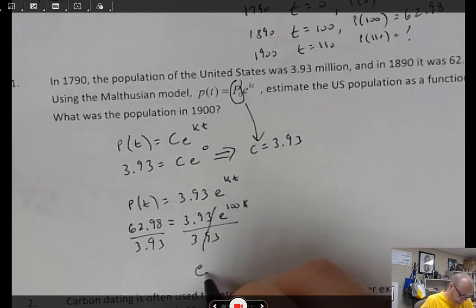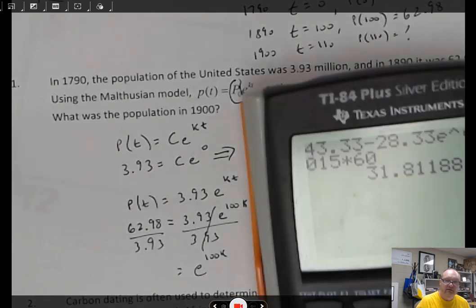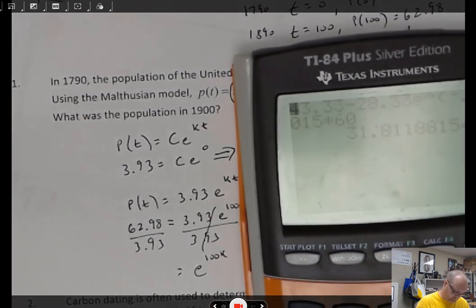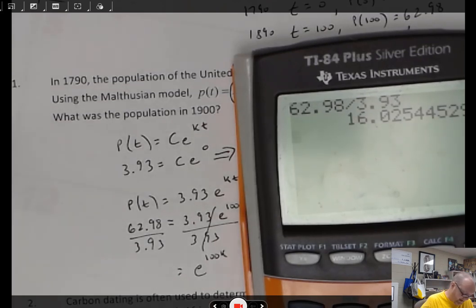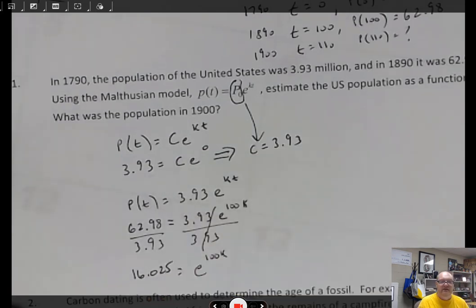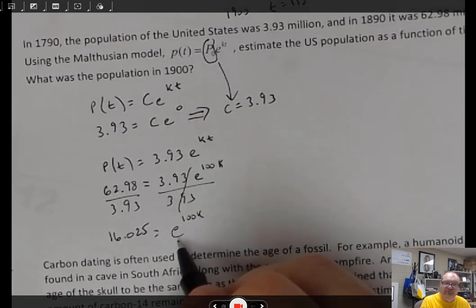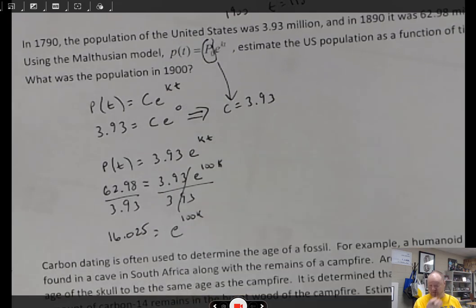So I get e to the 100k is equal to 62.98 divided by 3.93. 16.025, I guess is what I'll use. So if I'm solving for k, I need to get rid of this exponential. We've been getting rid of those logarithms by exponentiating. We're going to get rid of exponential by taking the log of both sides.